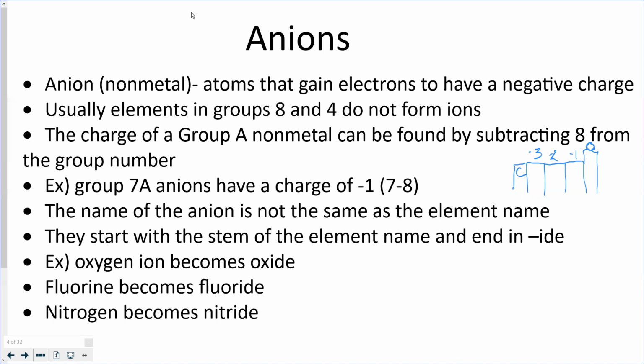So an oxygen ion would have that ox from oxygen and then the ending of IDE, so it would become oxide. Fluorine would chop off the ending and become fluoride. Nitrogen, chop off the ending and become nitride. So cations we name as is. Anions, we chop off the ending and change the ending to IDE.